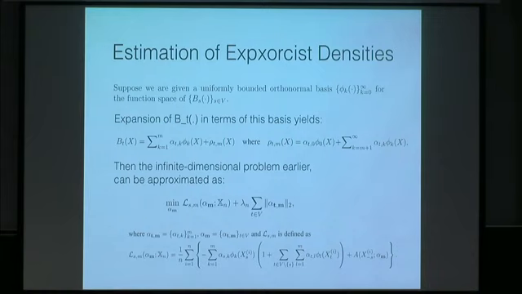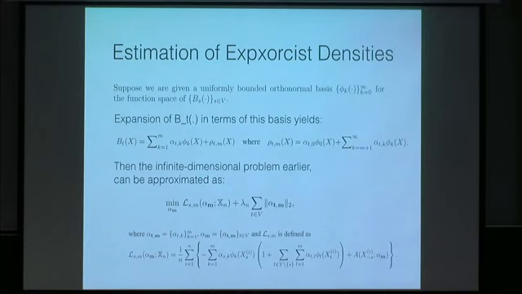I'm going to assume that there is some orthonormal basis that specifies the function space for each of my node-wise functions, and then, just for computational reasons, I look at the truncated basis, just take the top n basis functions, and then I have this error term rho.